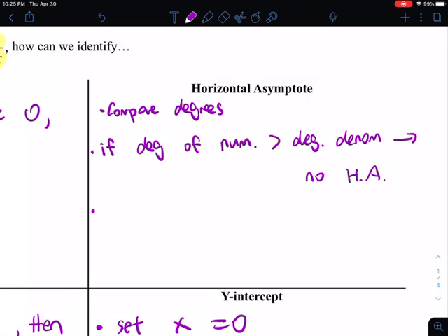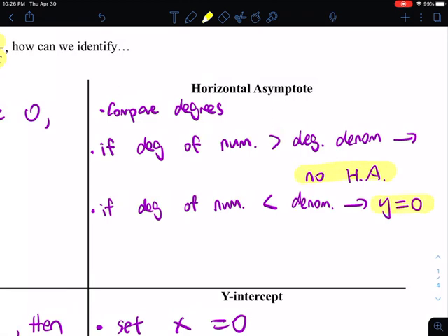If the degree of the numerator is less than the degree of the denominator, then there is a horizontal asymptote, and it's always going to be at y equals 0. So if the degree of your top is bigger, there's no horizontal asymptote. If the degree of the bottom is bigger, then it's y equals 0.